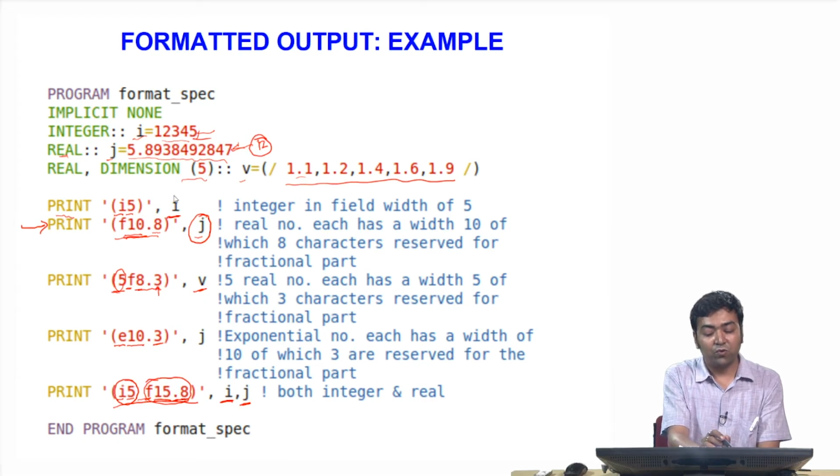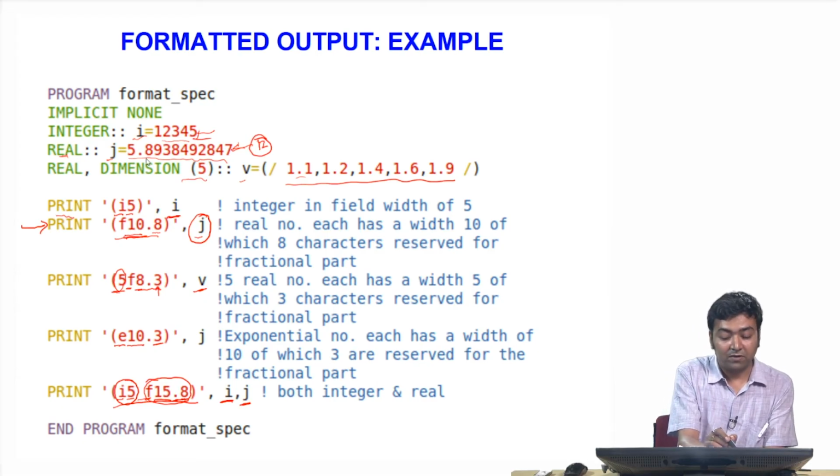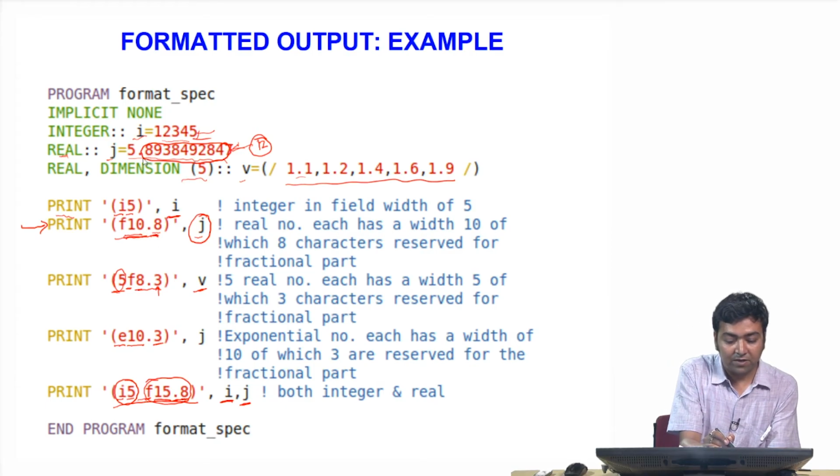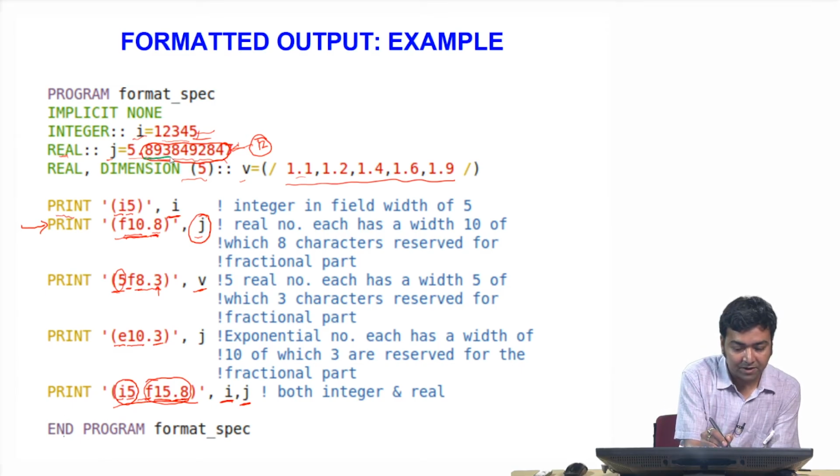Also I would like to point out here that after the decimal point, we need 1, 2, 3, 4, 5, 6, 7, 8, 9 and 10 places to write down this whole fractional part. But instead we have allocated here 8 places for that same thing. So, what the code will do is it will write the first 8 digits after the decimal.